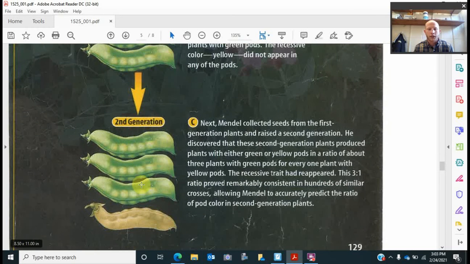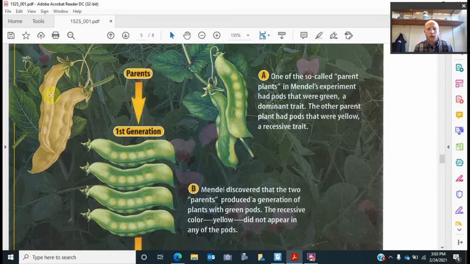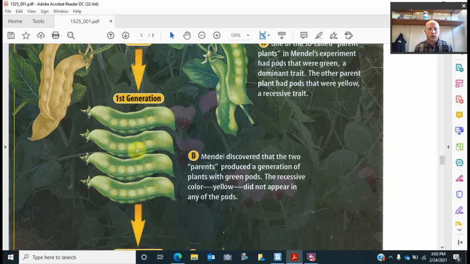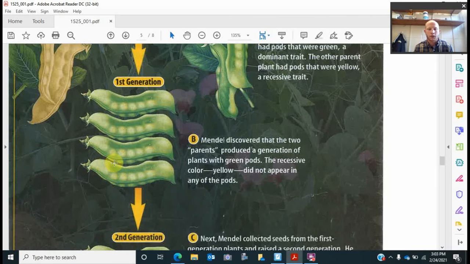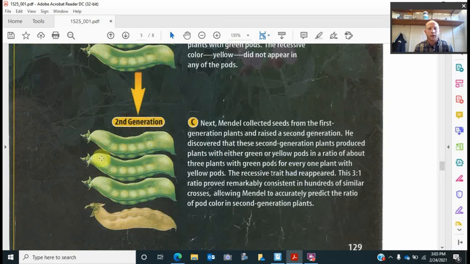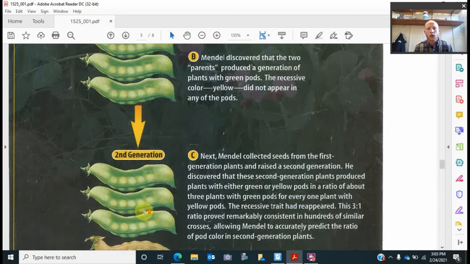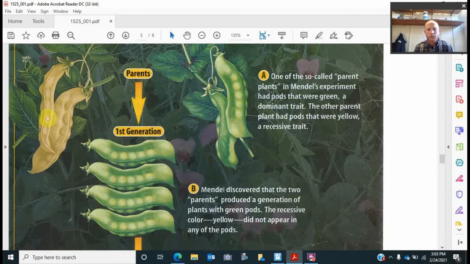And so these are like the grandkids, right? If you're keeping up: grandma, grandpa, here's their kids, and here's one of your parents. Then your parent finds a mate, and they produce 3 greens and 1 yellow. So this trait that was passed on by your grandparents is still in there.